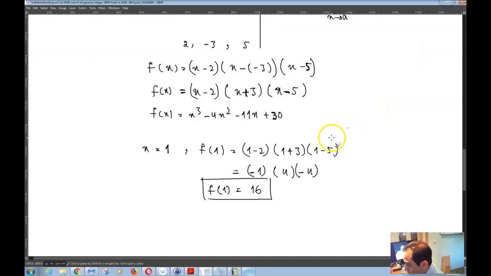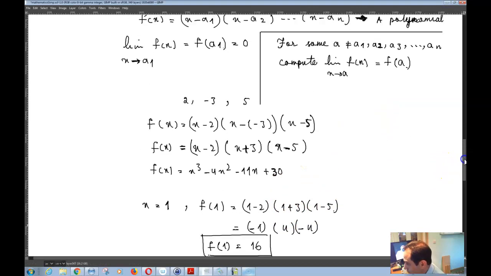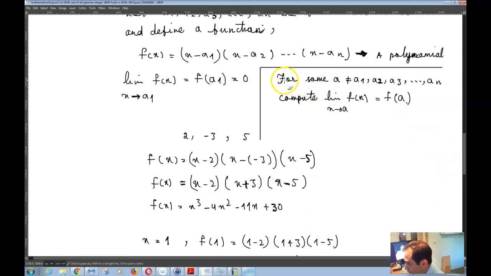So now what that means is that for some a not equal to the zeros of the polynomial, if you want to compute the limit of f of x as x tends to a, it's of course equal to f of a, which is equal to a minus a1 times a minus a2 times a minus a3 all the way up to a minus an.